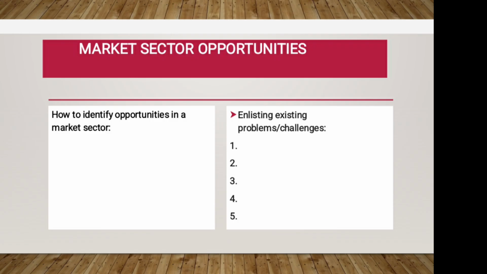I want you to list down existing problems in the industry where your natural abilities placed you. Guidance and counseling, list down all problems in society which guidance and counseling can solve. If you are into leadership, list down problems which leadership can solve.